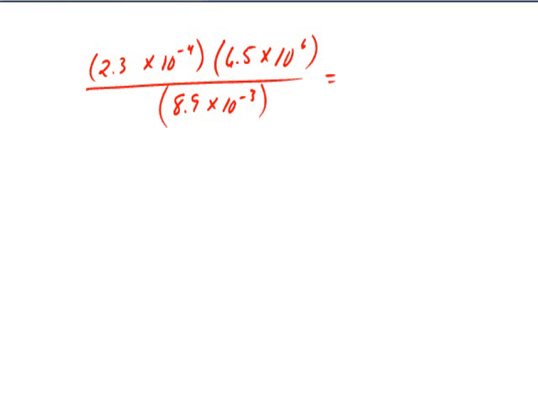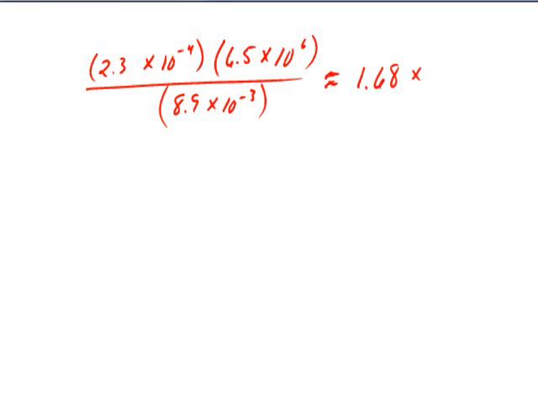Pause the video and come back to check your answer. In this problem, if we perform the multiplication and division, the 2.3 times 6.5, and then divide that by 8.9, we get approximately 1.68. If I combine my exponents, I have 10 to the negative fourth, 10 to the sixth, and 10 to the negative third.